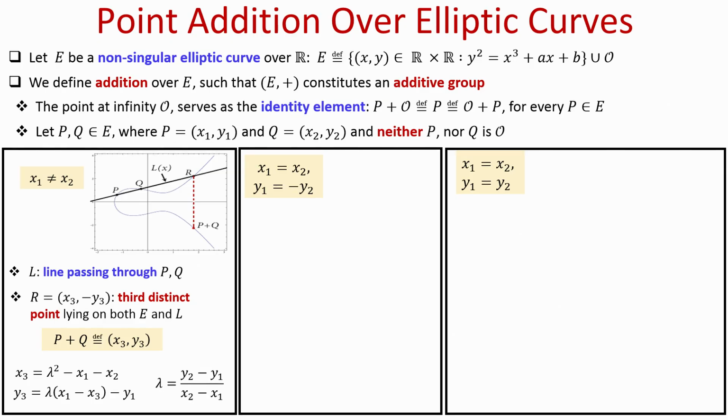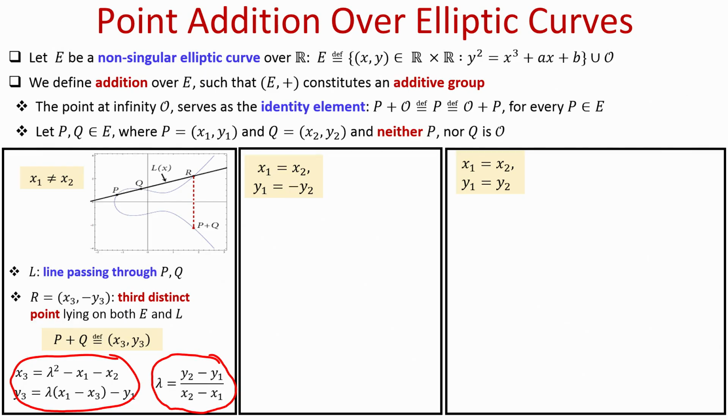Now, if we want to mathematically compute the exact values of x3 and y3, here is how we can compute. It turns out that x3 and y3 are related to the coordinates x1, x2, y1, y2 by this relationship, and here lambda is basically the slope of the straight line passing through the points P and Q. The slope of the line passing through the points P and Q comes through this formula, and since we are in the case where x1 is not equal to x2, the denominator is not 0 and hence lambda is well defined.